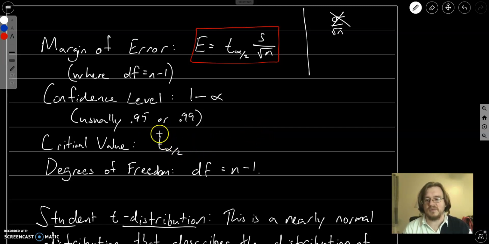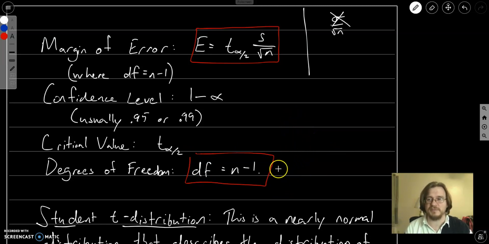And in order to come up with this critical value, this relies on what's called the degrees of freedom. And the degrees of freedom is essentially how big of a sample we're using. The bigger the sample, the more degrees of freedom, the closer everything is going to be to a normal distribution.